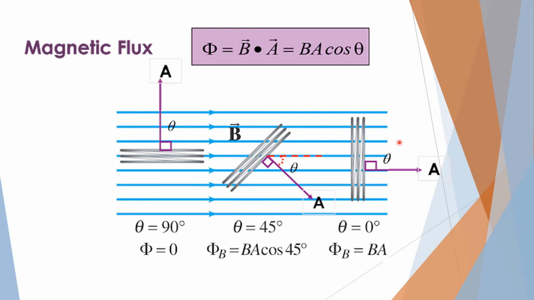When the angle between B and the vector area is 0 degrees, theta equals 0 degrees, then we get maximum flux, phi B equals BA.